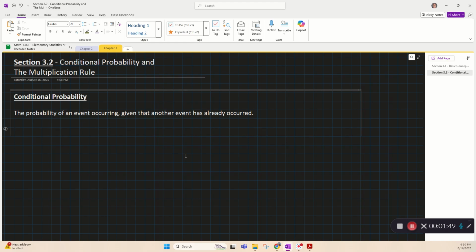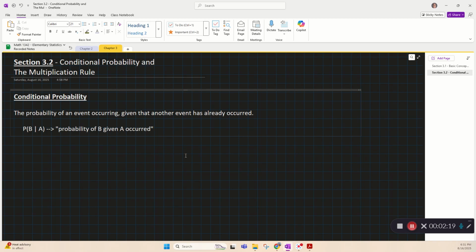So when we see this, it often looks like probability of B, and then there's some line, and then an A. The way we read that is the probability of B given A occurred. That's how you would read that.